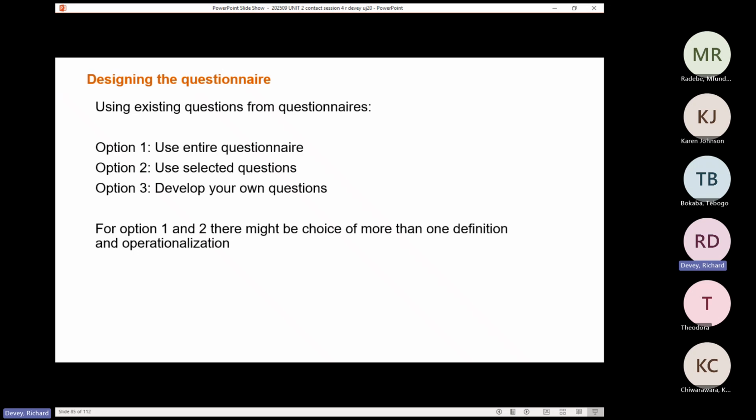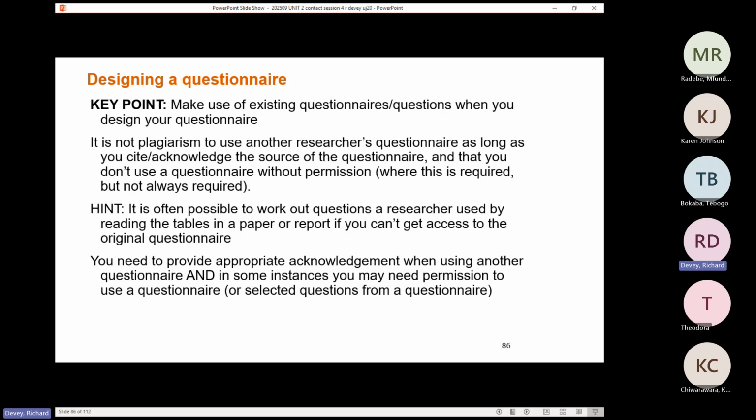Okay, so it's not plagiarism to take, I shouldn't say take. It's not plagiarism to use another researcher's questionnaire as long as you cite and acknowledge that person's questionnaire.